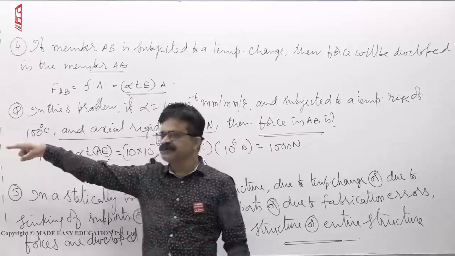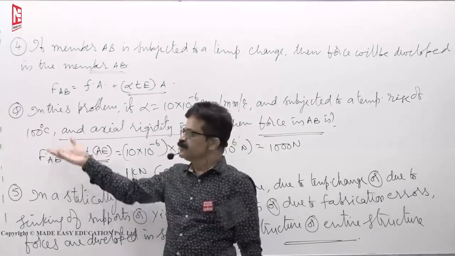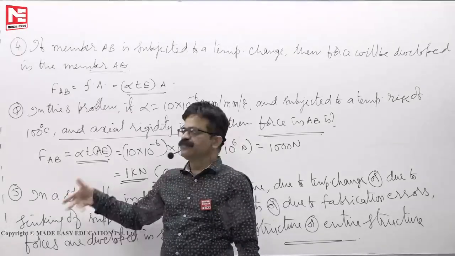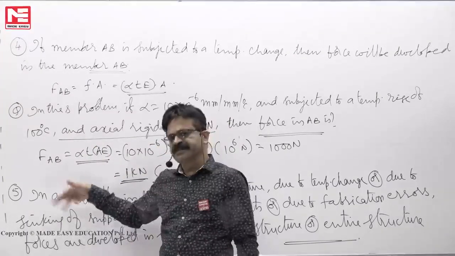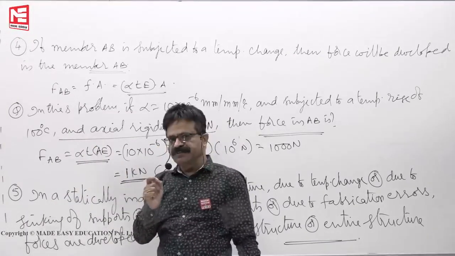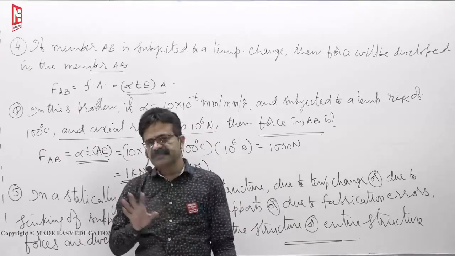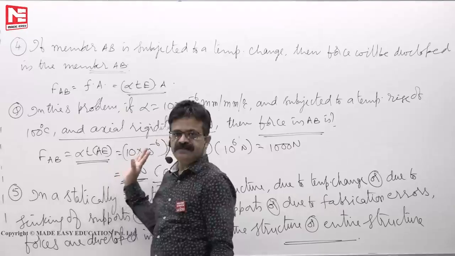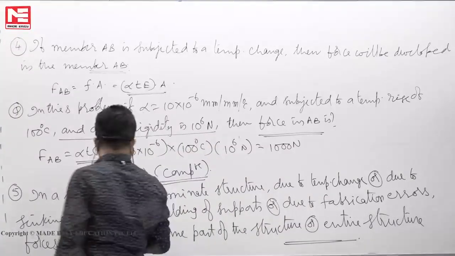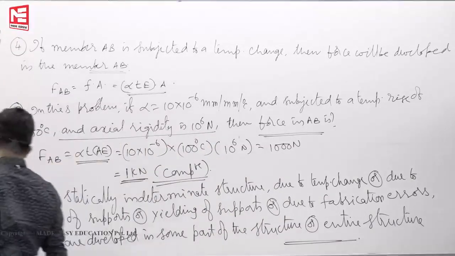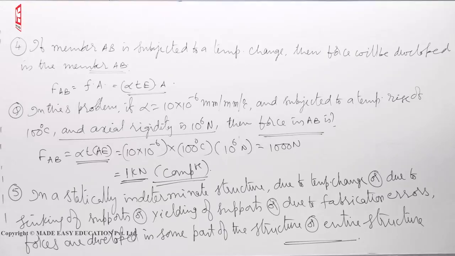Like as we have told you, force in the member AB is 0 in this case. So finding that is easy for us. Such simple questions where you have to think maybe 15 or 20 seconds, they can ask you in the third topic. Okay. So it may or may not develop in some part of this structure or entire structure; the stresses will develop.